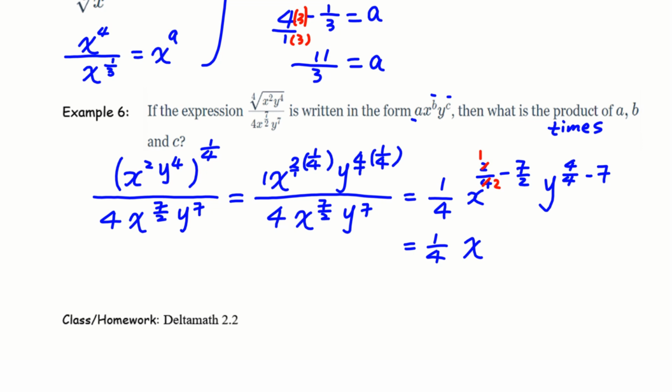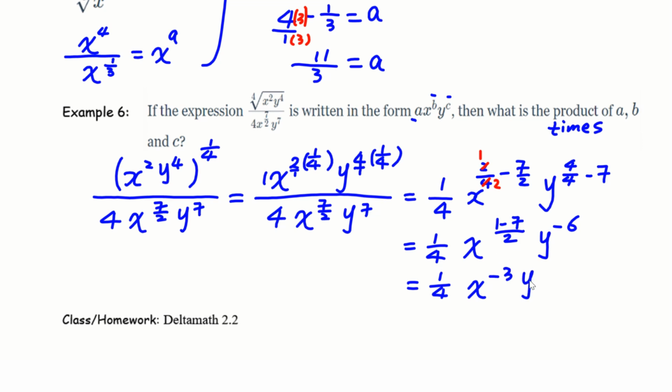Then the numerators subtract, since you have the same denominator. Then y to the exponent 4 divided by 4 is 1. 1 minus 7 gives you -6. Then we continue: 1/4 times x to the exponent -6 divided by 2, which is -3.